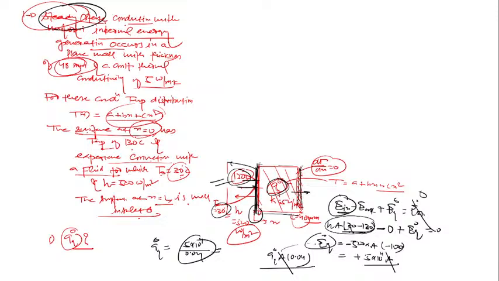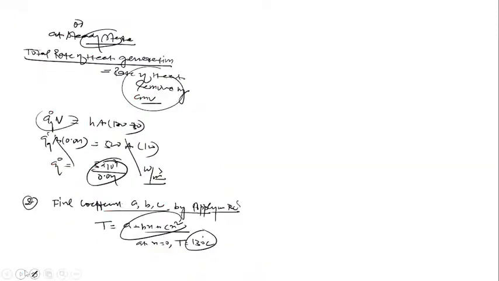The second is the insulation boundary condition at the right face. At the right face insulation is there, meaning dT upon dx is 0 at x equal to L.